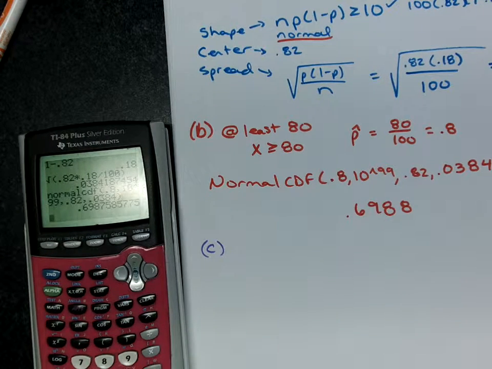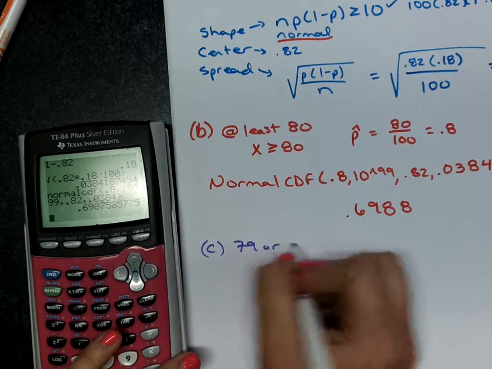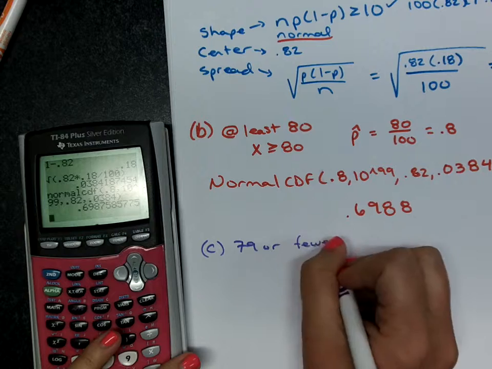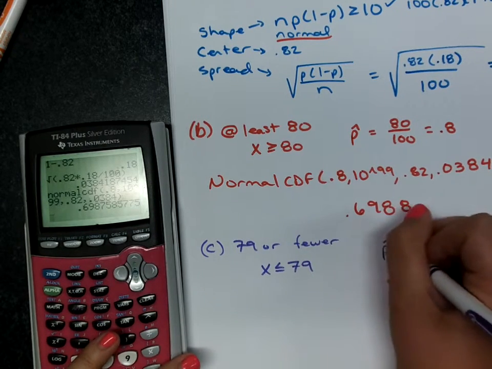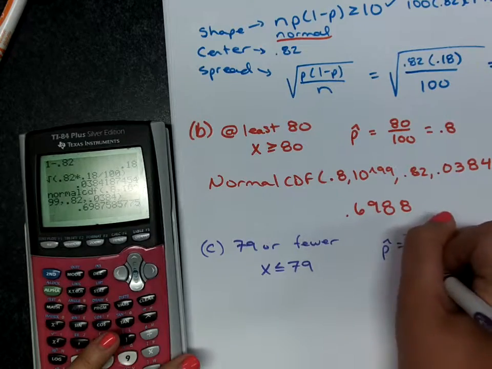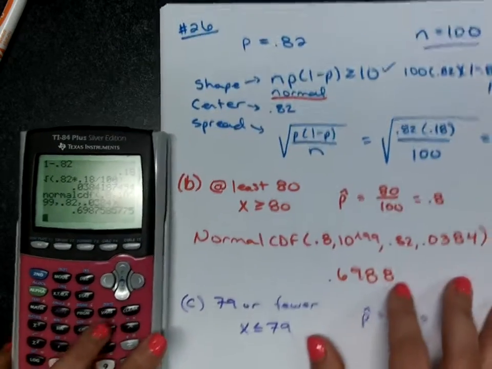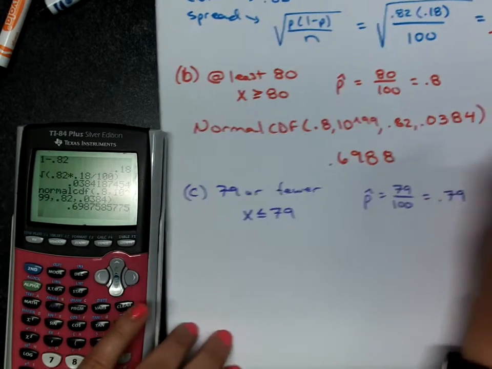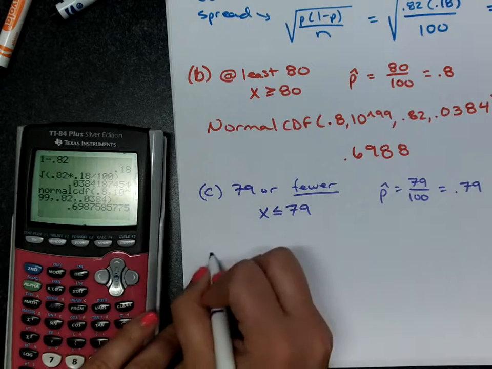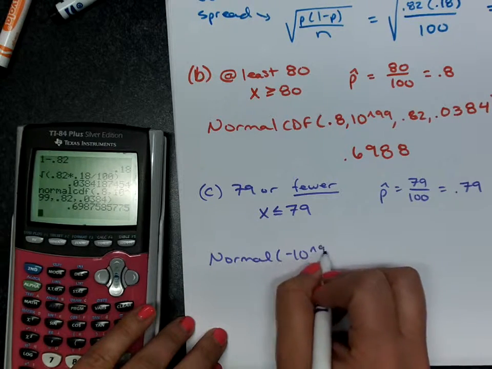And then part C. It says, find the probability that 79 or fewer, which is less than or equal to 79. Again, we have to convert that to a decimal. I'm dividing by 100 because that's my sample size. That's 0.79. So this time my lower bound is negative infinity.